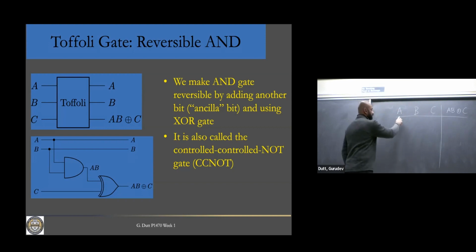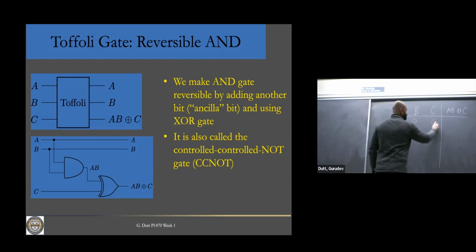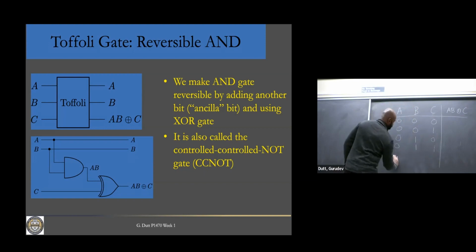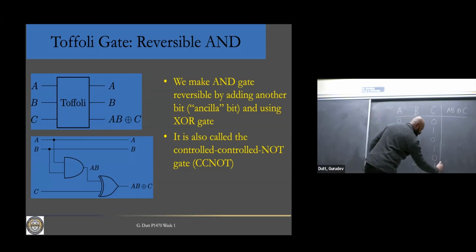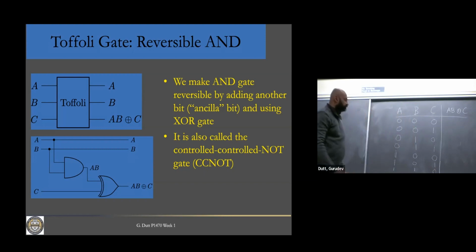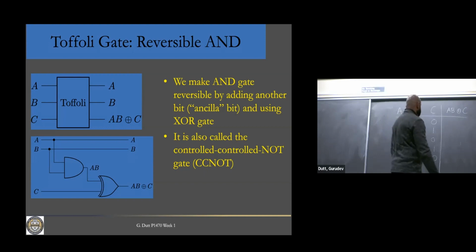So we have 0, 0, 0, 0, 0, 1, 0, 1, 0, 0, 1, 1, 1, 0, 0, 1, and so on. That's all 8 possibilities.